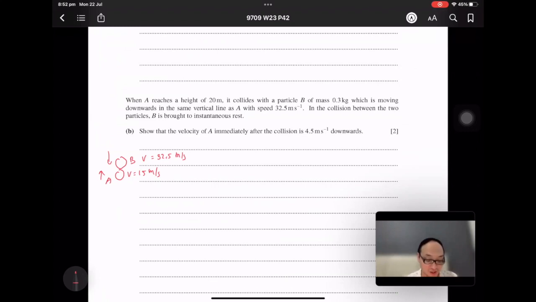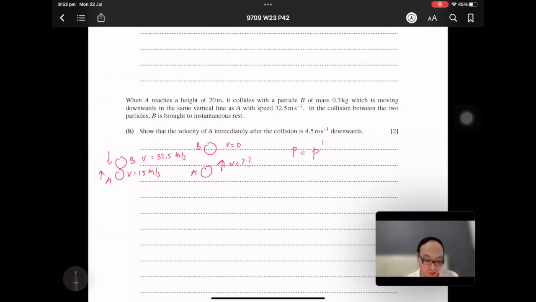So we have to find the condition after the collision. After the collision, B will be 0, and A will be unknown, so we have to find the speed of A. Using the law of conservation of momentum, the momentum before collision equals the momentum after collision.